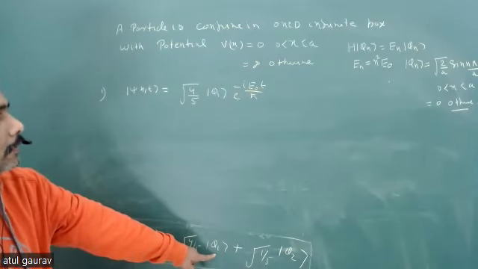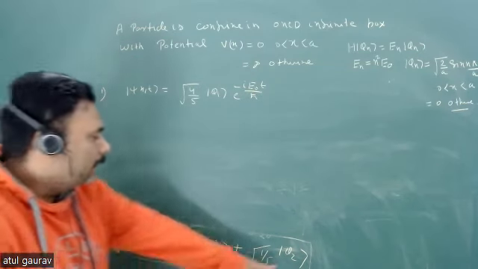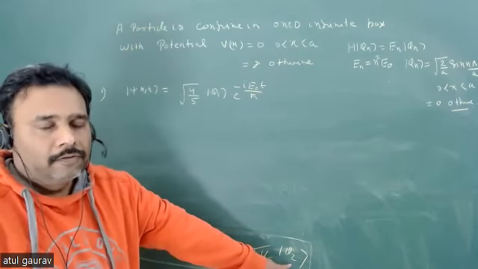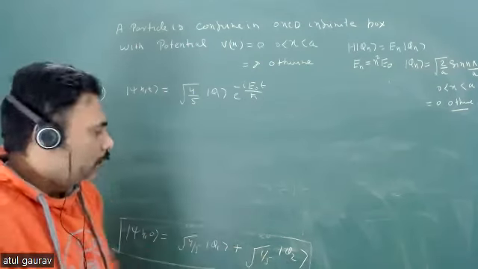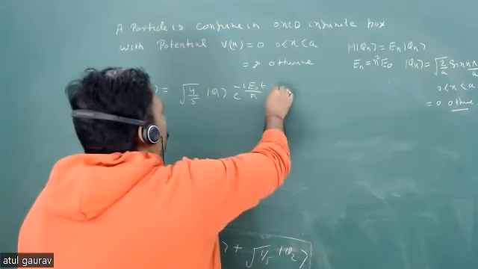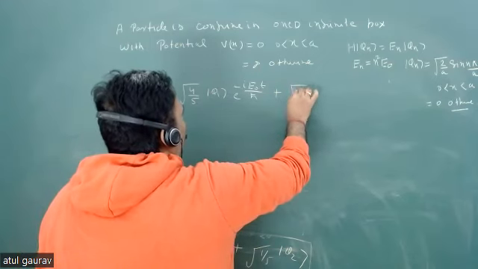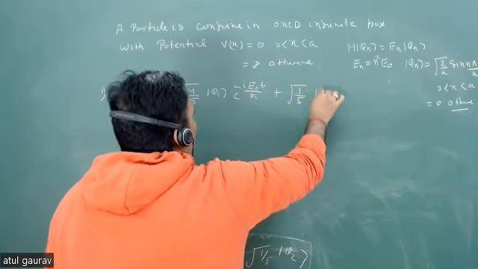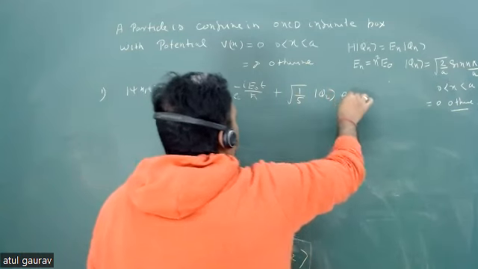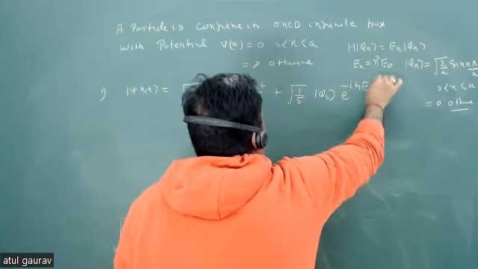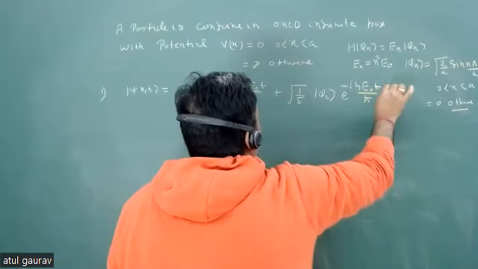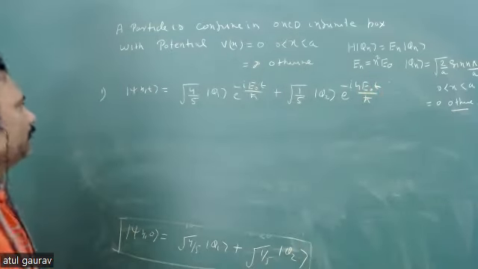E naught। इसके साथ कितनी एनर्जी आइगन वैल्यू एसोसिएटेड है? 4 E naught. So that value is equal to √1/5 phi2 e to the power minus i 4 E naught t upon h cut। ठीक है?